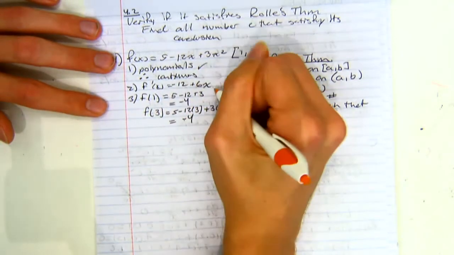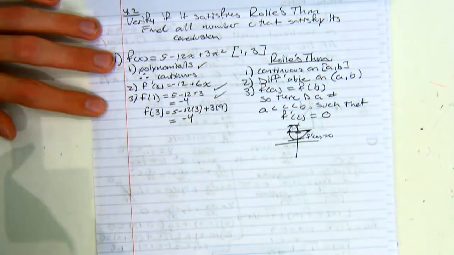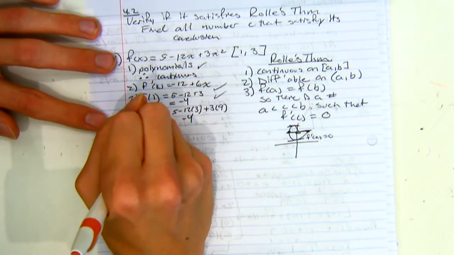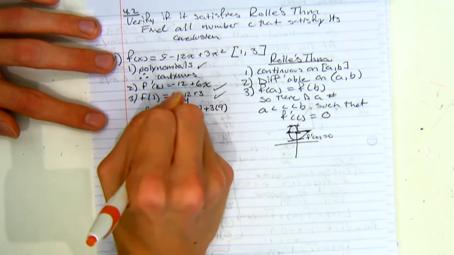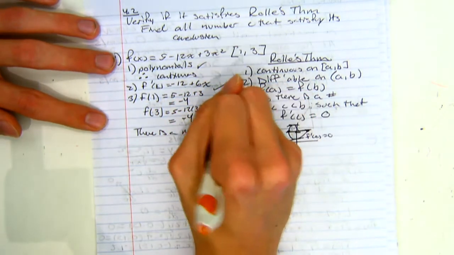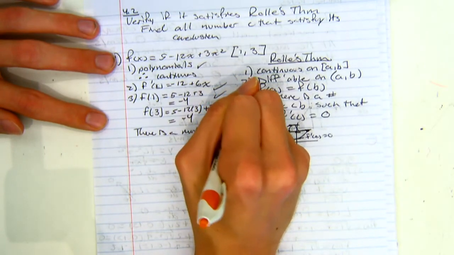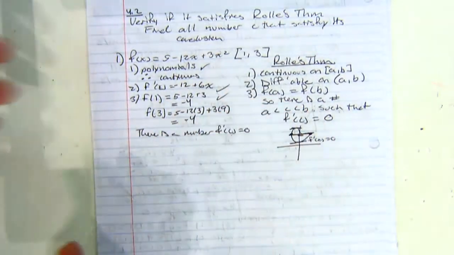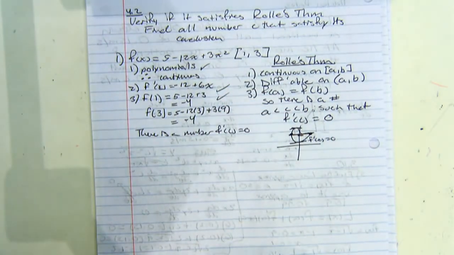And then, so we're satisfying every single condition. So now we can say that there is a number where the derivative is going to be equal to 0.